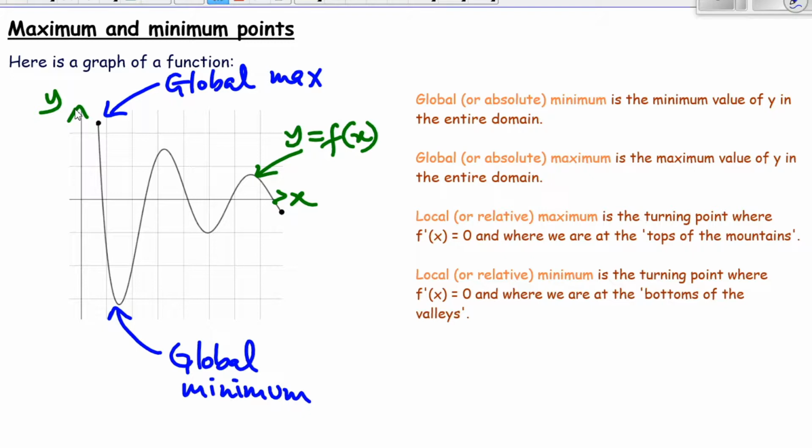So this point here and this point here are the top of the mountains, and these are called the local maximums.